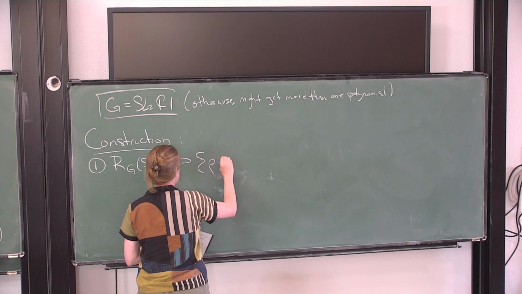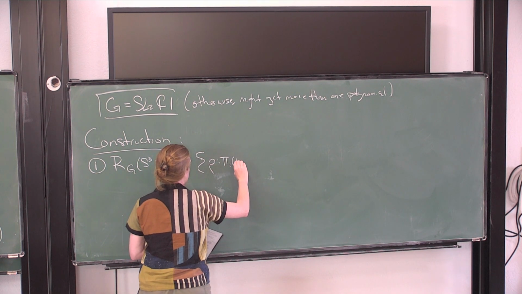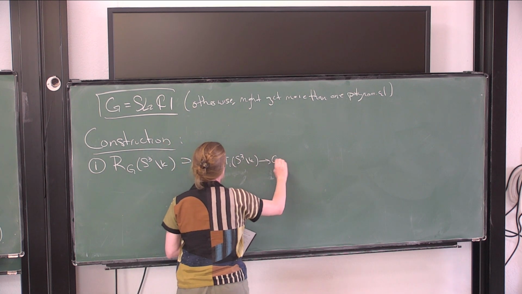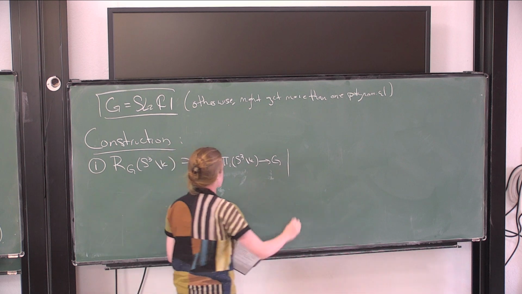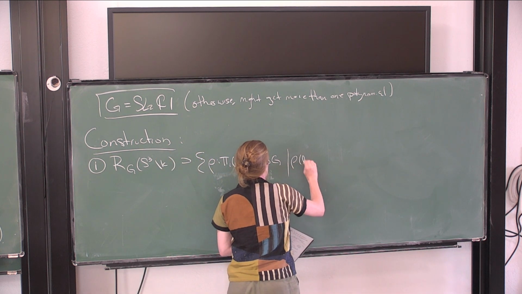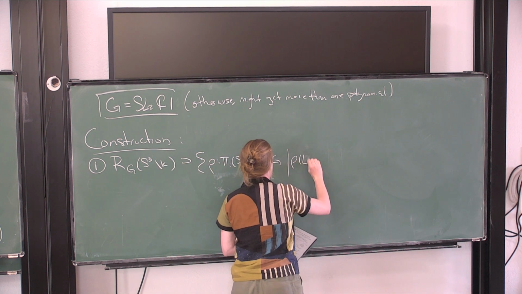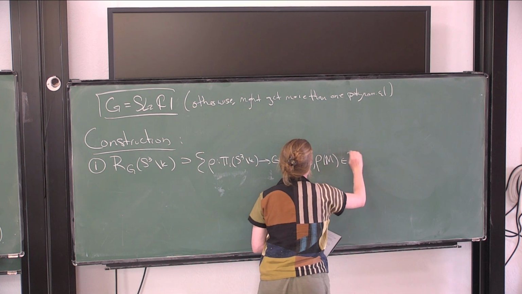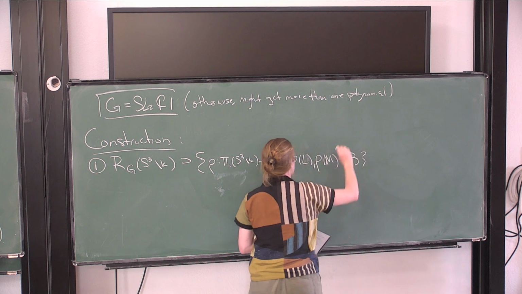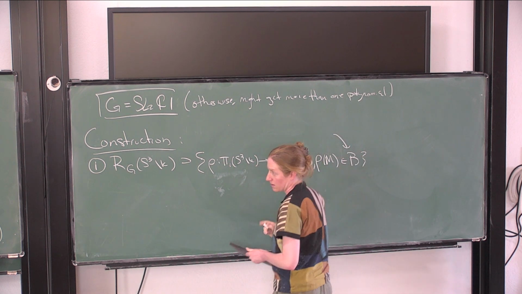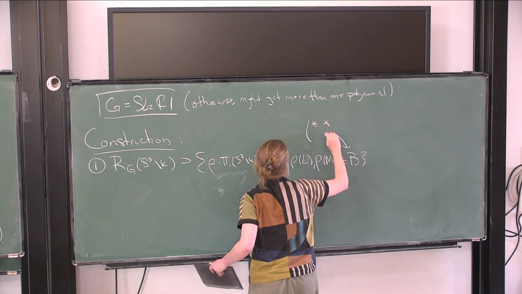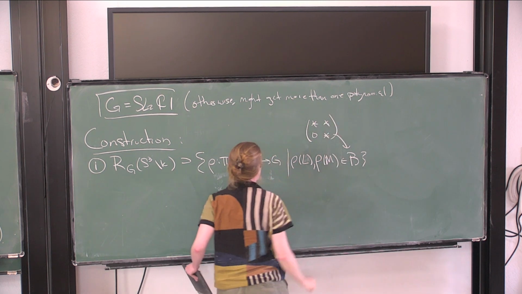So it'll be representations of S3 minus K into G, and I want ones such that when I look at them just on this L and this M, this lies in some Borel. And just to make this precise, this is going to be the Borel of matrices that look like that.